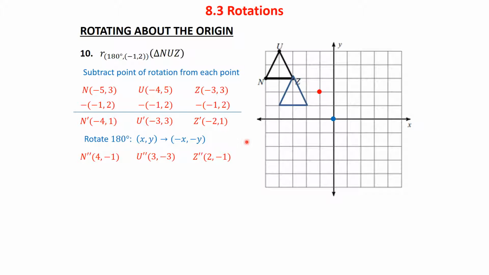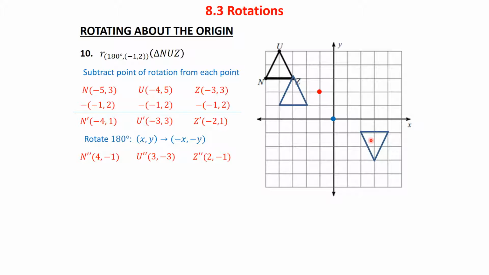Essentially, I'm going to just change all the signs for each coordinate. So -4 becomes +4, 1 becomes -1, and so on. -3, 3, 3, -3, -2, 2, 1 to -1. So I apply my 180 degree rule, and that sends my triangle 180 degrees around, fixed around the origin.